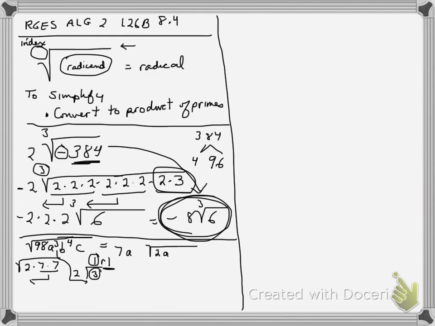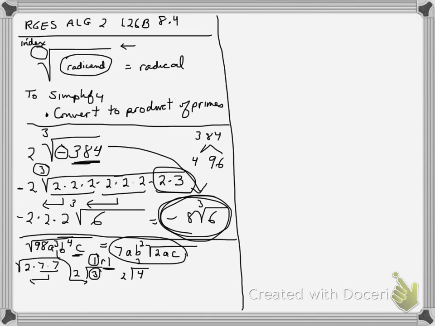Then you take the exponent of the b. Again, I'm expecting you to do all of this mentally. You divide by 2 because that's my index, and it goes in 2 times evenly, so that's b squared, and no b's under. So it'd be 7ab squared times the square root of 2a, and then I still have the c, just like that.